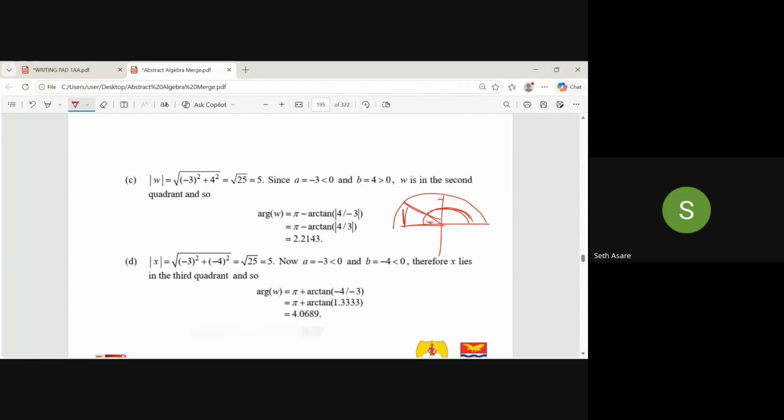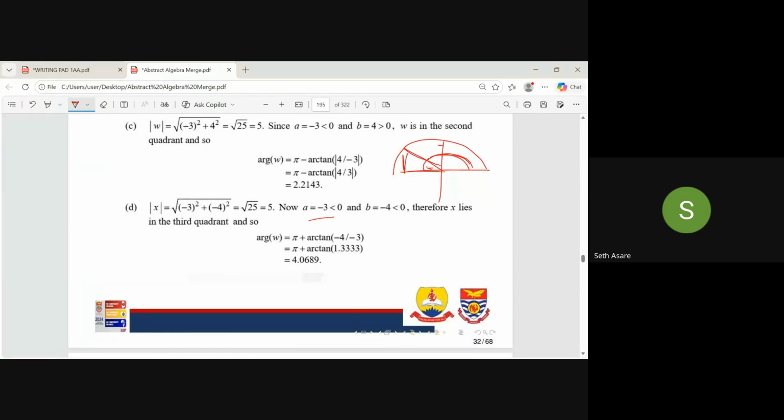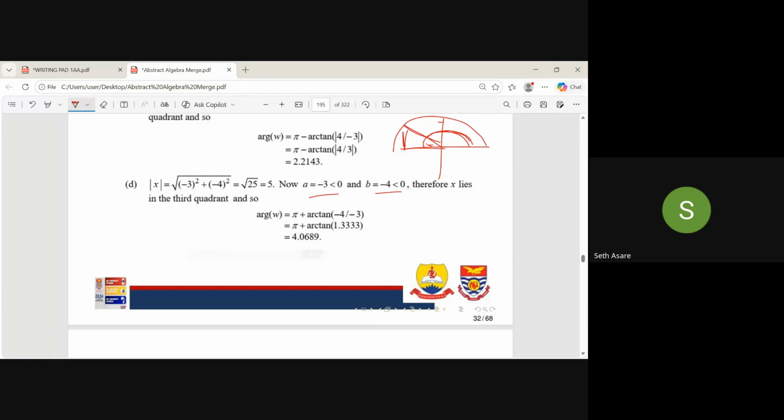Now, when we check this one, negative, negative, meaning that X is negative, Y is negative, it will be here. Look at that. So what do I do? This line and this line can form a triangle here so that I find the small angle here. But the angle that I need is from this R to this.